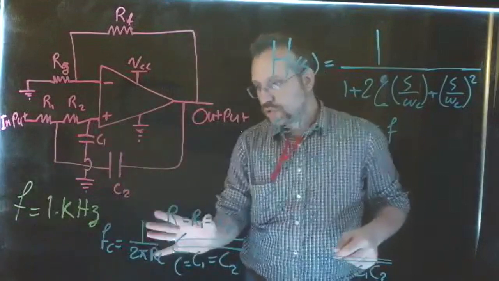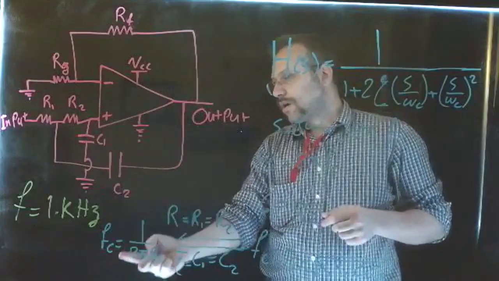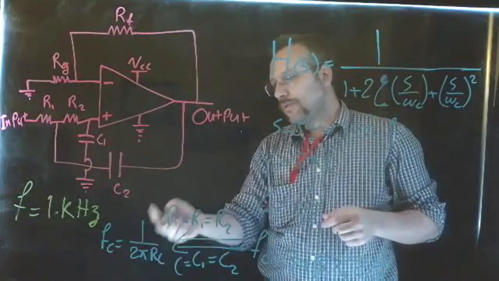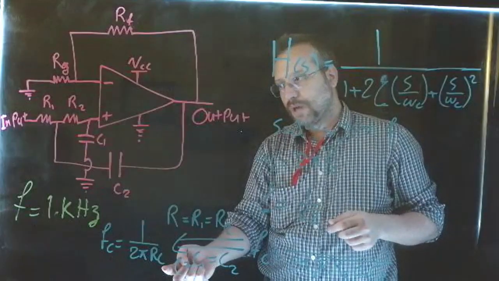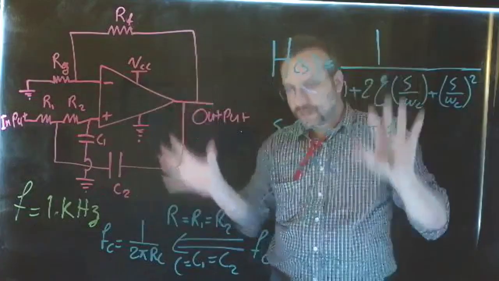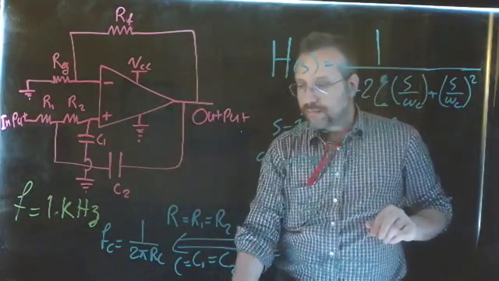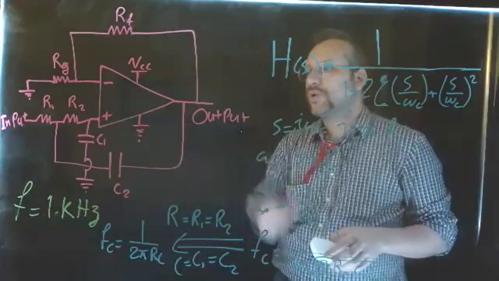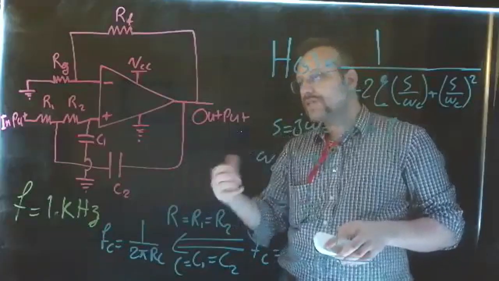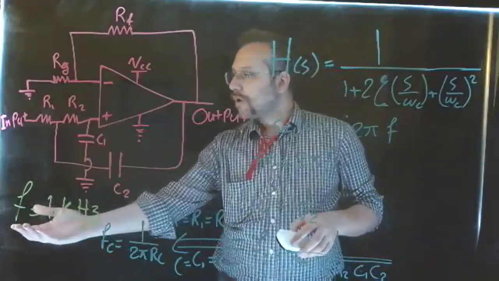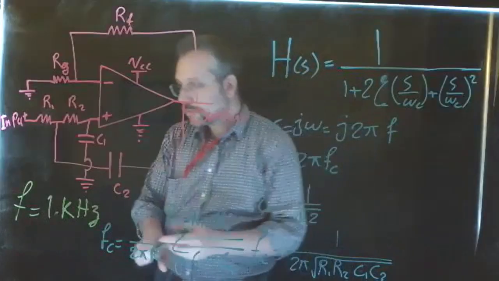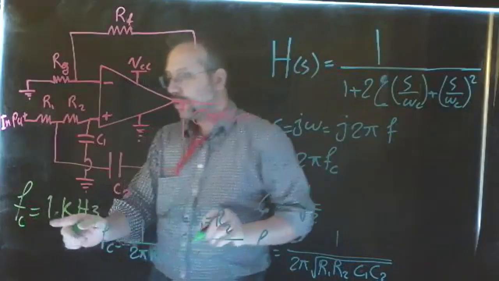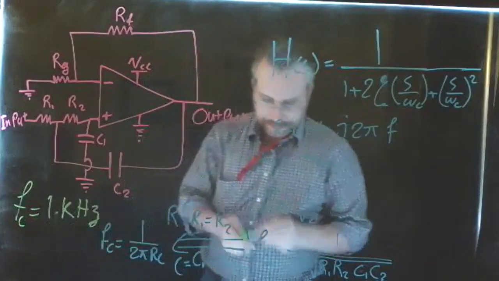So eventually, the cutoff frequency would become 1 over 2 pi RC. Okay? Now that we have seen all the mathematics behind this second order filter, let's design our filter for the cutoff frequency equal to 1 kilohertz.